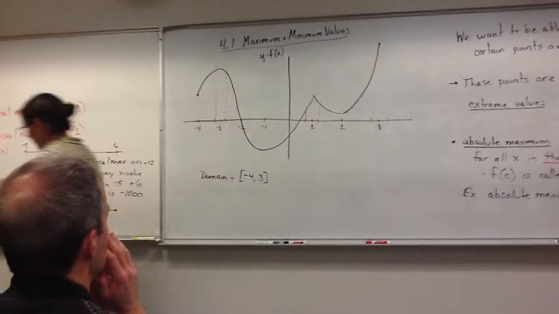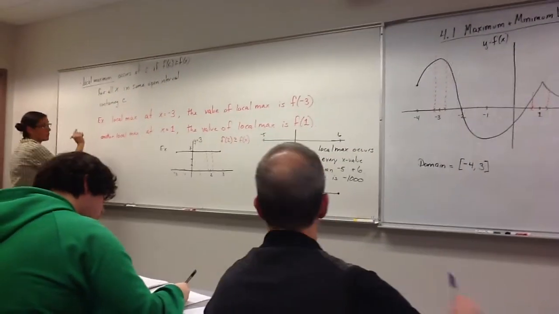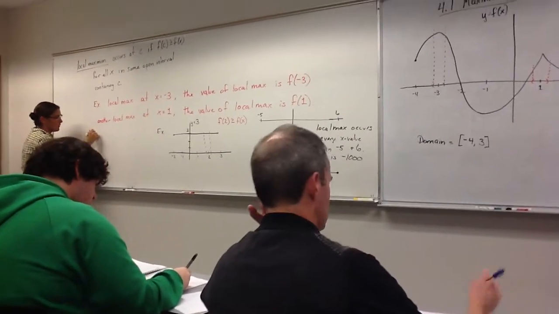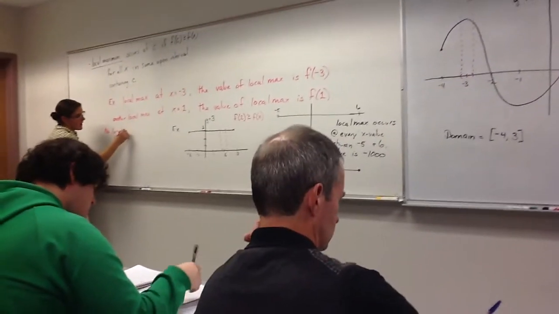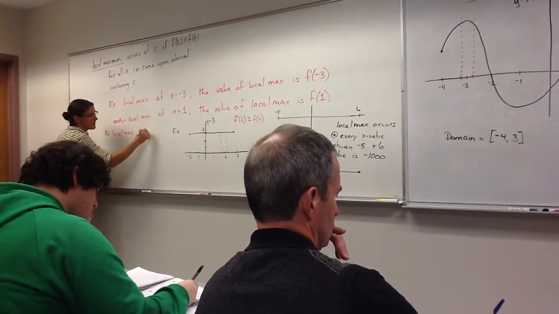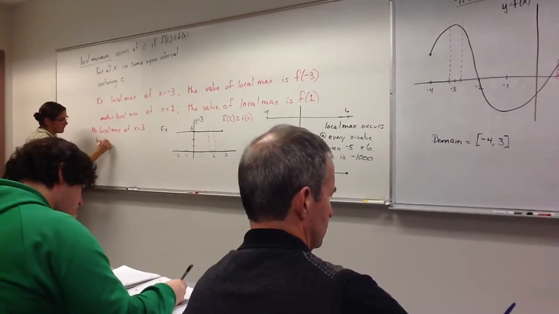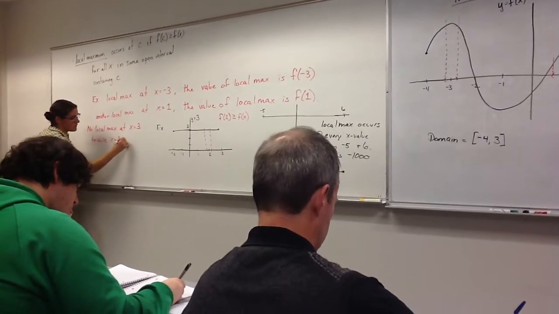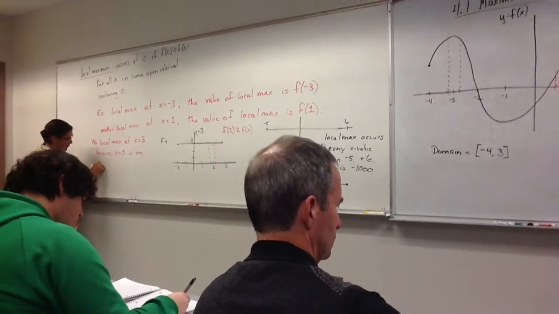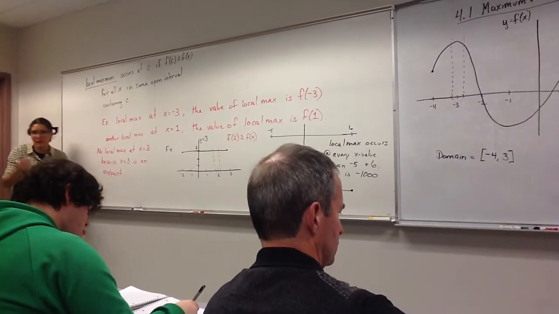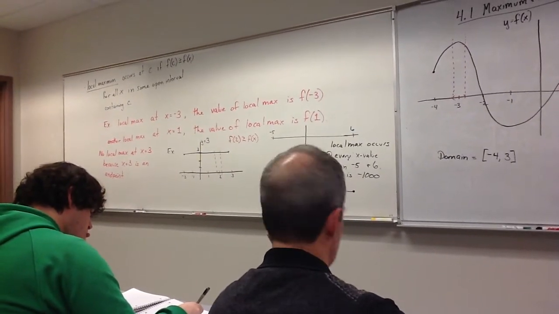So that is our last comment about our example. We have two local maximums, and there is no local max at x is equal to 3 because x equal to 3 is an endpoint. And at an endpoint, we can't draw a little neighborhood around that endpoint.